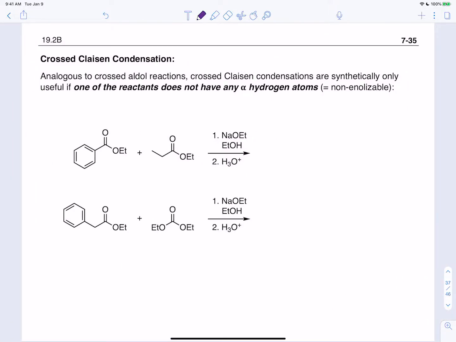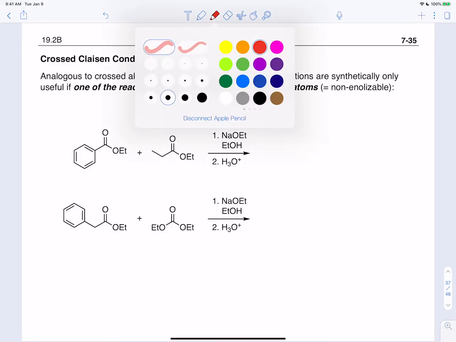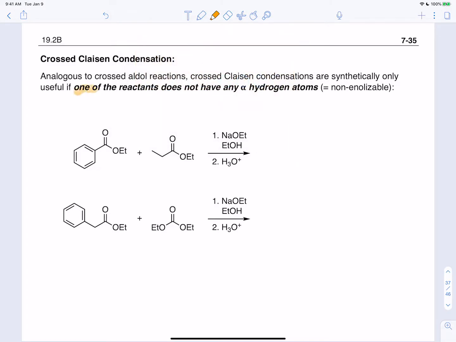So now, just like we had crossed aldol condensations, we can also have crossed Claisen condensations. These are going to have very similar features to the Claisen reaction, and that's that one of the reactions does not have any alpha hydrogens. This is going to proceed in exactly the same way. We're going to have sodium ethoxide matched to our ethyl ester and our other ethyl ester.